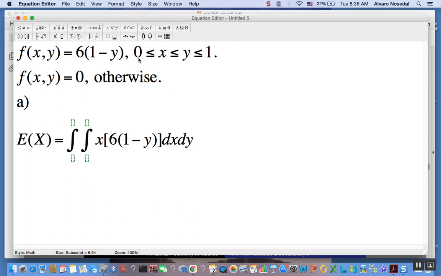Note that x is restricted to be between 0 and y. Just from the conditions of the joint PDF, x must be between 0 and y. So since I'm integrating with respect to x first, it would be from 0 to y, and then y can vary from 0 to 1.